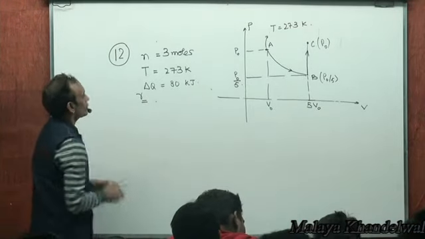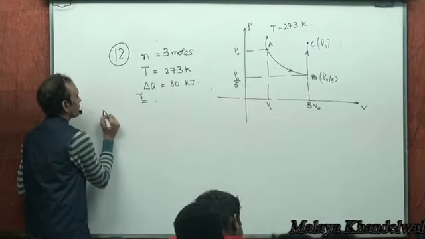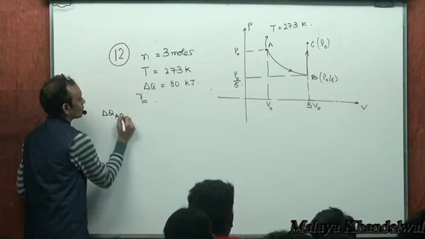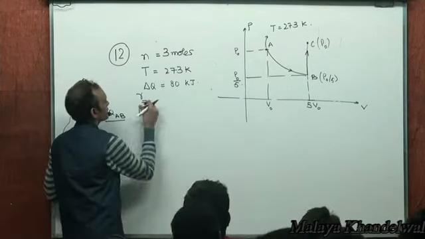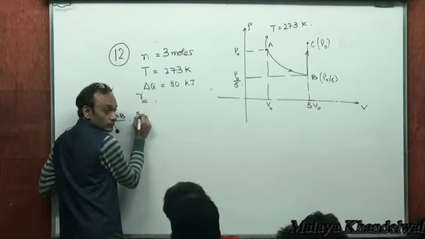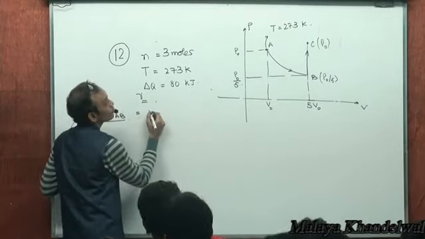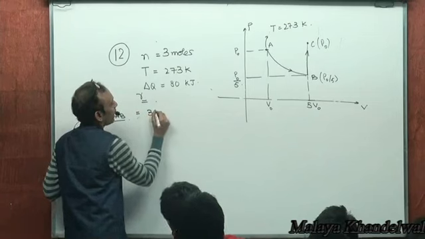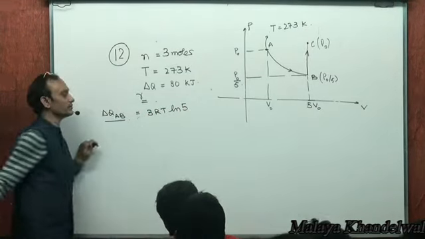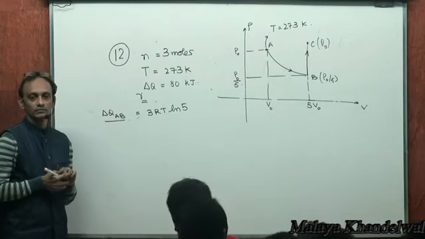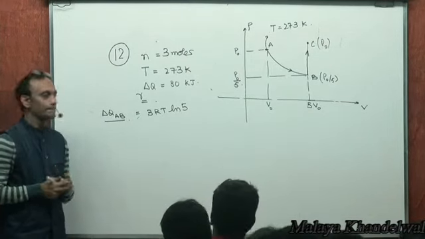Now, in A to B, what's the heat supplied? That must be the work done, because the change in internal energy is 0. So that's 3 RT log 5, log V2 by V1. That's the heat supplied, right?